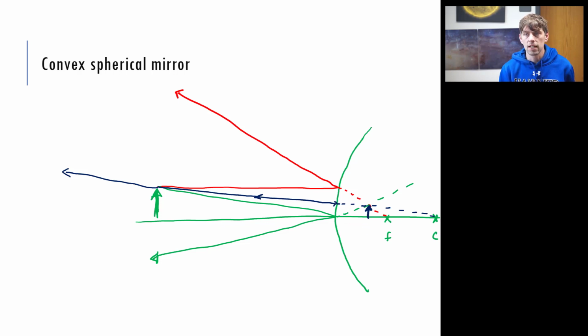So if you are standing over here, looking at this mirror, what you would end up seeing is an image where it is right side up, it is demagnified, it is smaller than the original, and the third piece, this is a new terminology, we call this a virtual image.